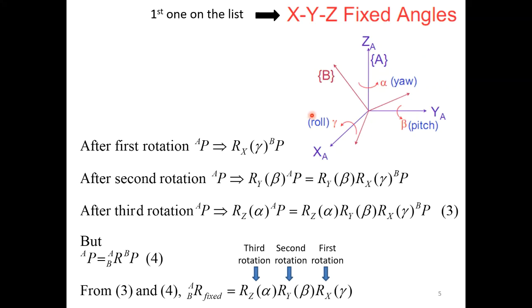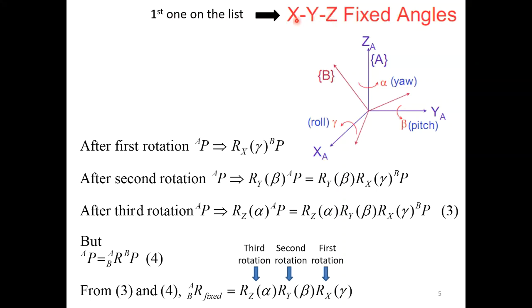So the first rotation is around, let's say this time we reverse the sequence, X, Y, Z. For a purpose I'm doing that, you will see a bit later why I reverse the order. Now this time X, Y, Z, and it is fixed angles.